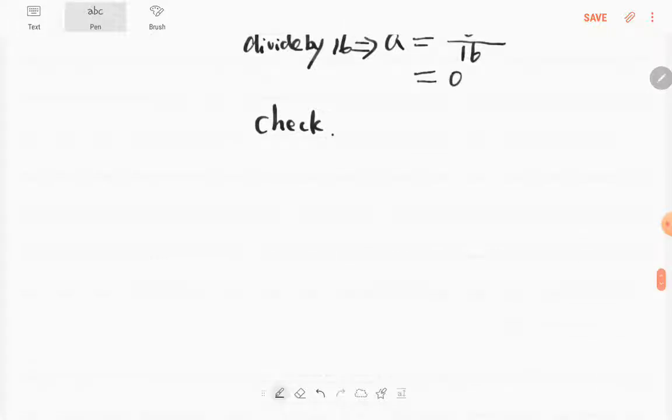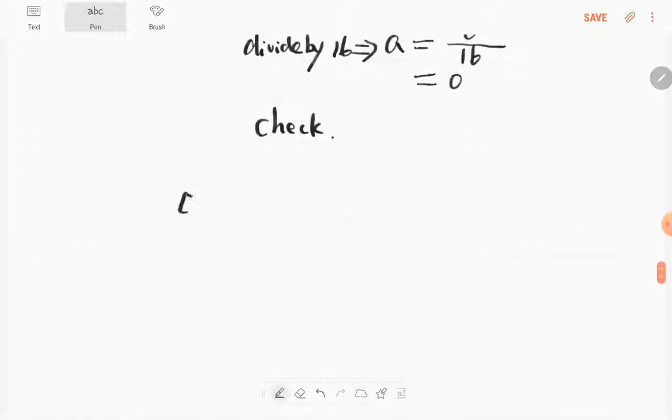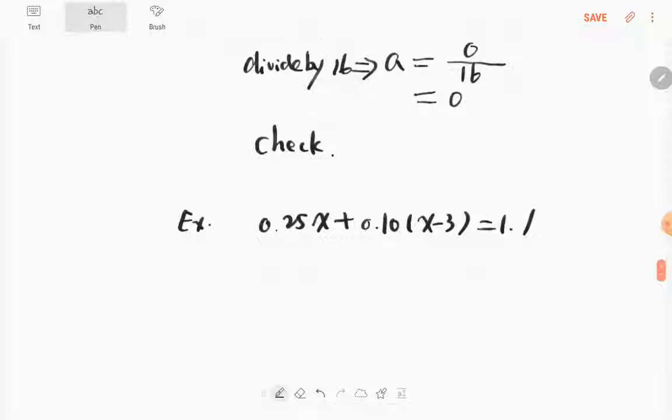Let's check an example. If we have decimals, what should we do? So we still want to transfer our decimal to the integers, right? So we can do both sides multiply by 100.